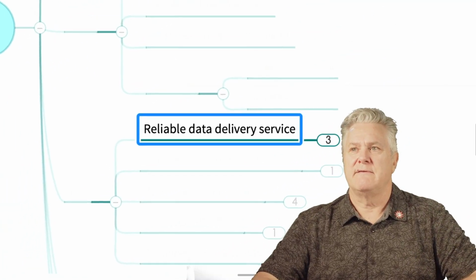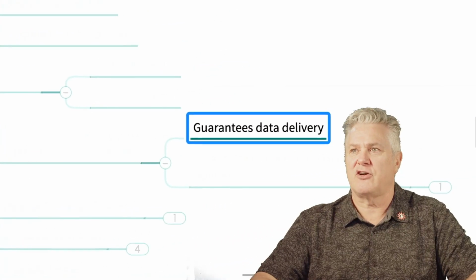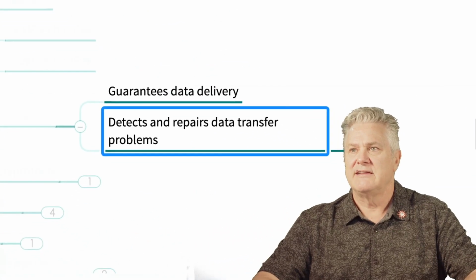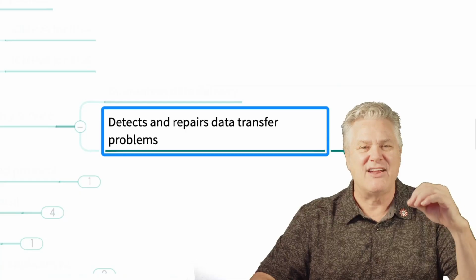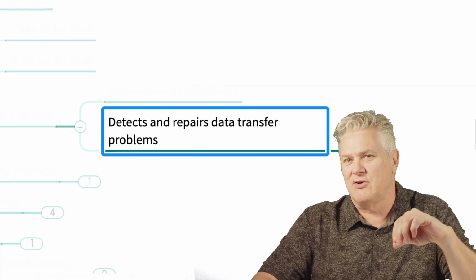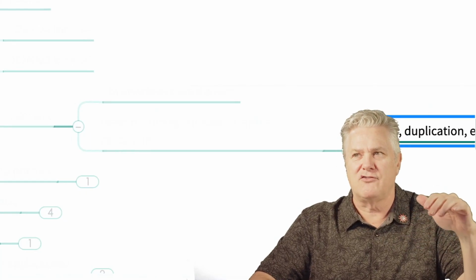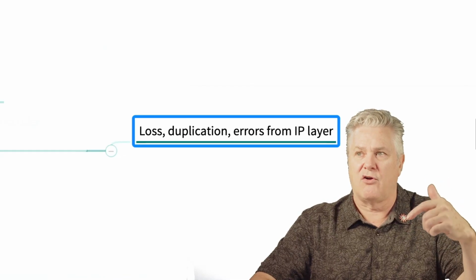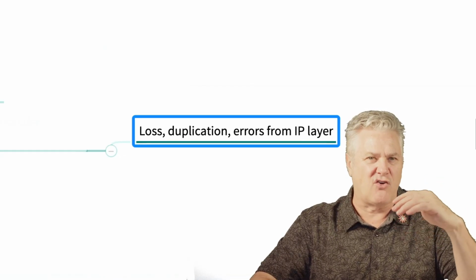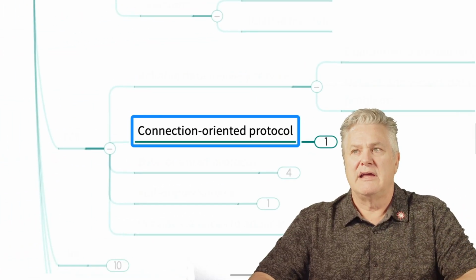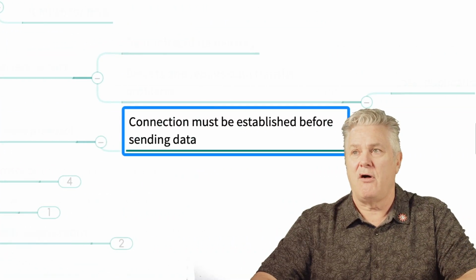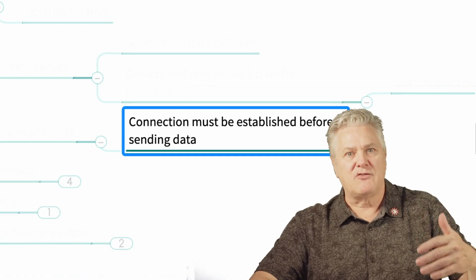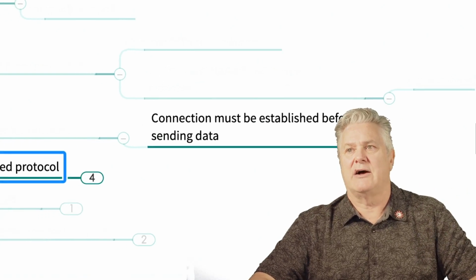For TCP, it's a reliable data transfer service. It guarantees data delivery, detects problems, and repairs data transfer problems. It's not looking at failures of the physical wire itself. It protects against loss, duplication, and errors from the IP layer. That's all it looks for. It is a connection-oriented protocol, and that connection must be established before sending any data.